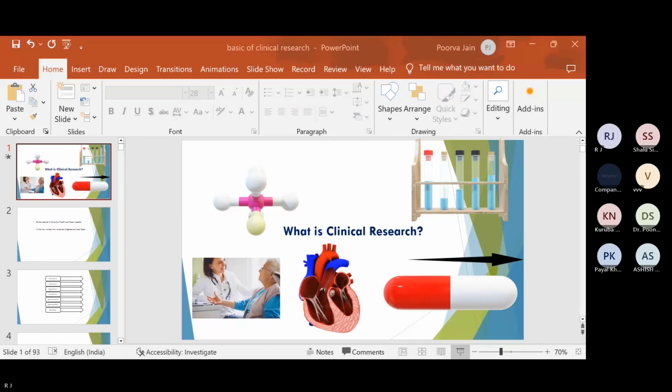So any pharmaceutical company will try to identify that particular molecule which has not yet been discovered, or which is not yet known, or for which there is no drug available targeting that particular protein. So they will try to know more about that particular target.